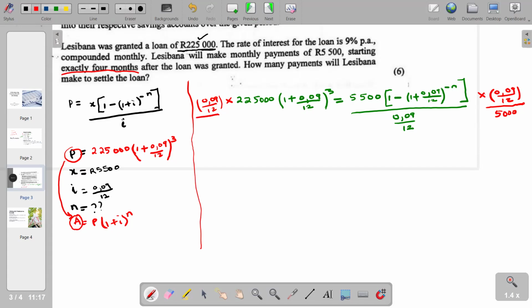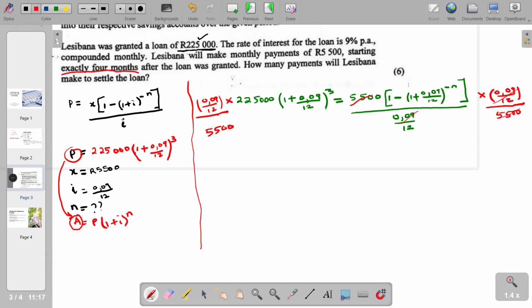Sorry, it's 5,500, not 5,000. So this will divide with that, and that will divide with that.